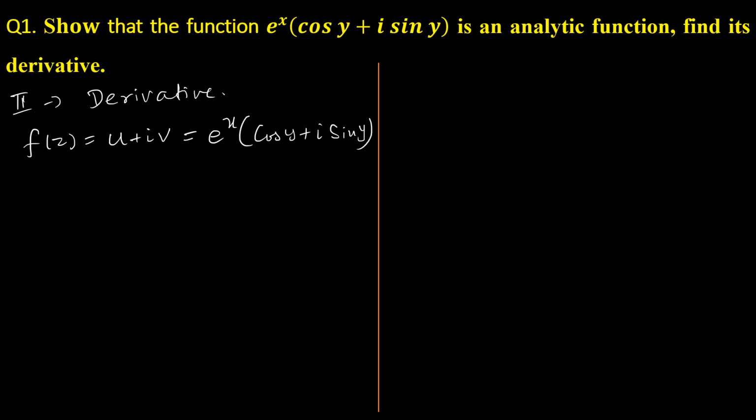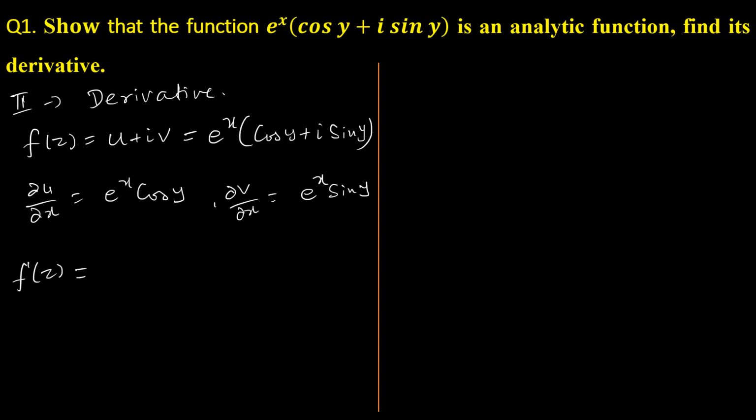And also, del u upon del x is e to the power x cos y, and del v upon del x is also e to the power x sin y. So the derivative of f(z), that is f dash z, can be written in the form of del u by del x plus i del v by del x.